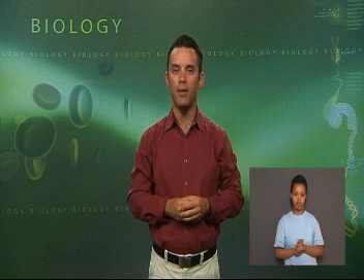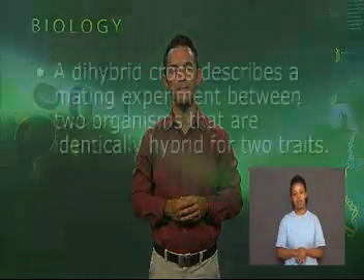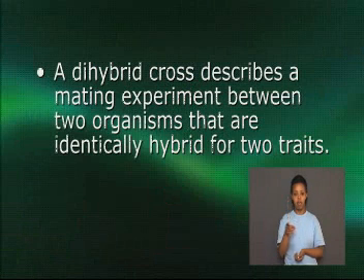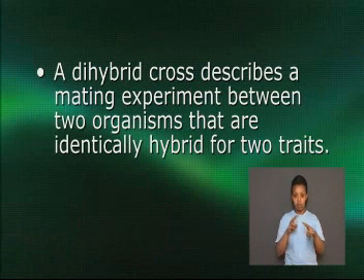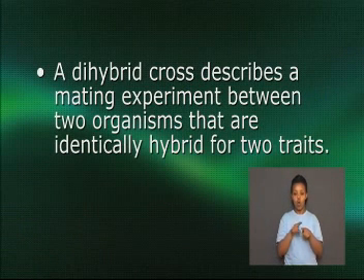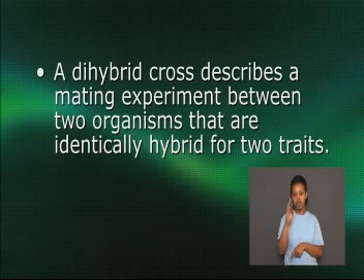Welcome back, students. That should have been a fairly simple activity for you to complete. Let us go over the correct answers. A dihybrid cross describes a mating experiment between two organisms that are identically hybrid for two traits.